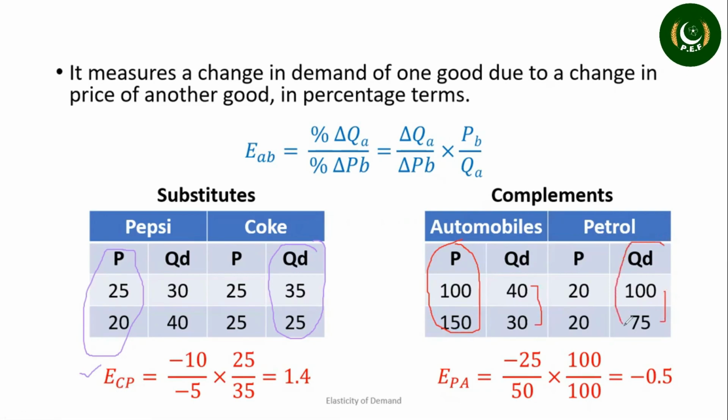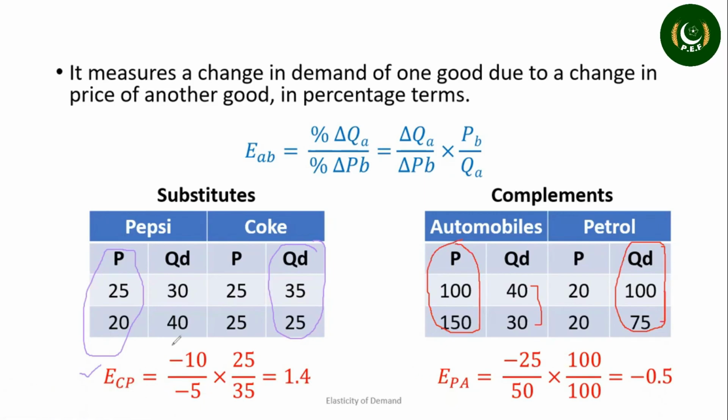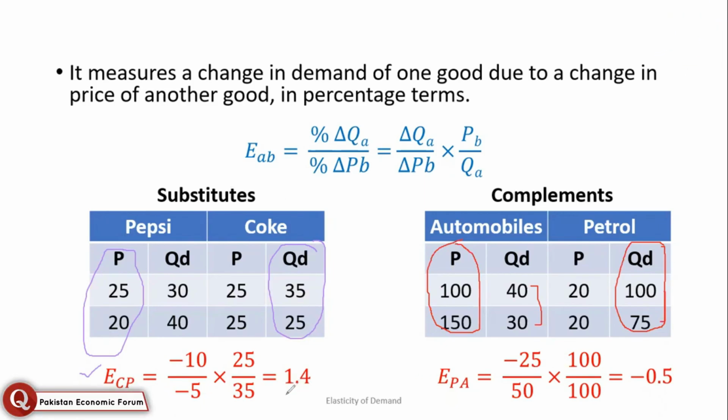If we measure the change in sale of petrol because of the change in price of automobiles, this is the case of cross elasticity of demand. The measurement can be seen in the example. Here, the important point to note is that cross elasticity of demand is positive for substitutes and it is negative for complements.